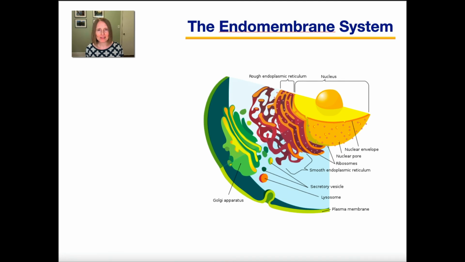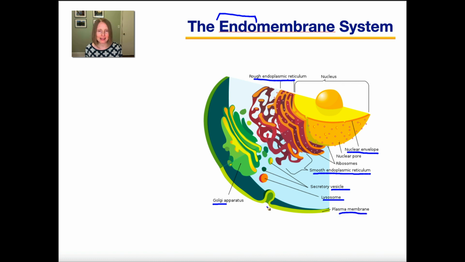All of the organelles I've discussed so far are part of what is referred to as the endomembrane system. This part of the word, endo, means internal, so an internal membrane system. This endomembrane system includes the nuclear envelope, the rough endoplasmic reticulum, so all of the membranes making up the rough ER, the membranes making up the smooth ER, all the variety of vesicles, the Golgi, the lysosome, and even the plasma membrane.